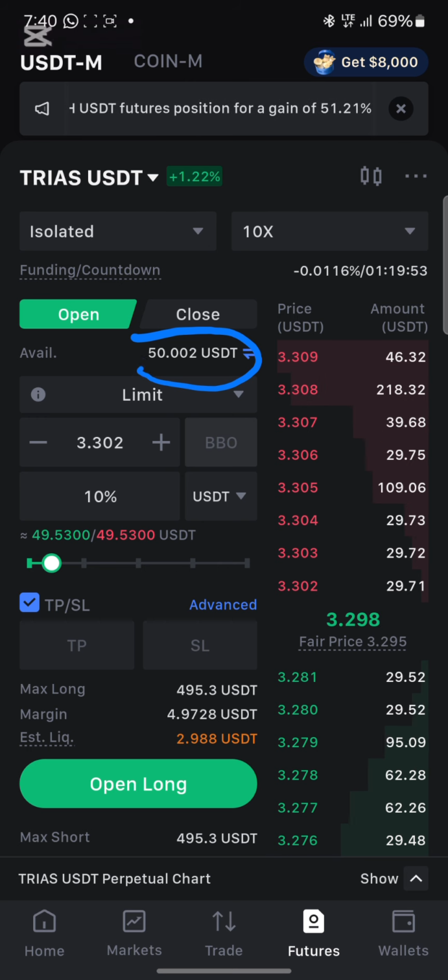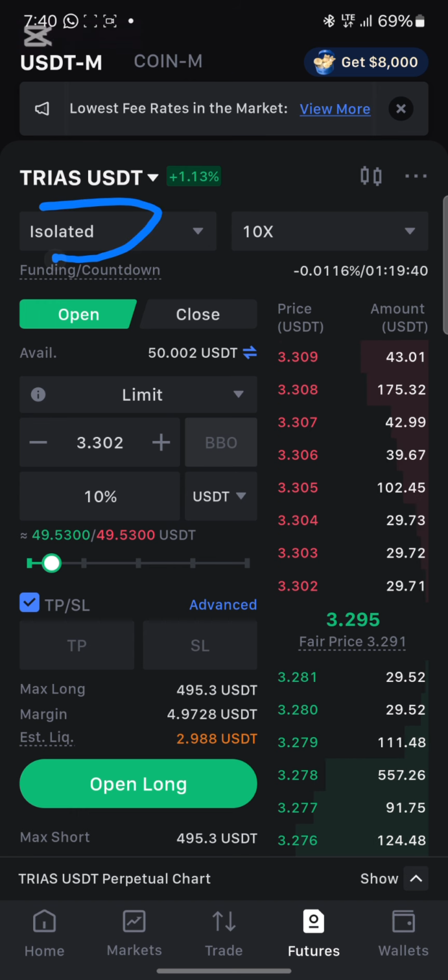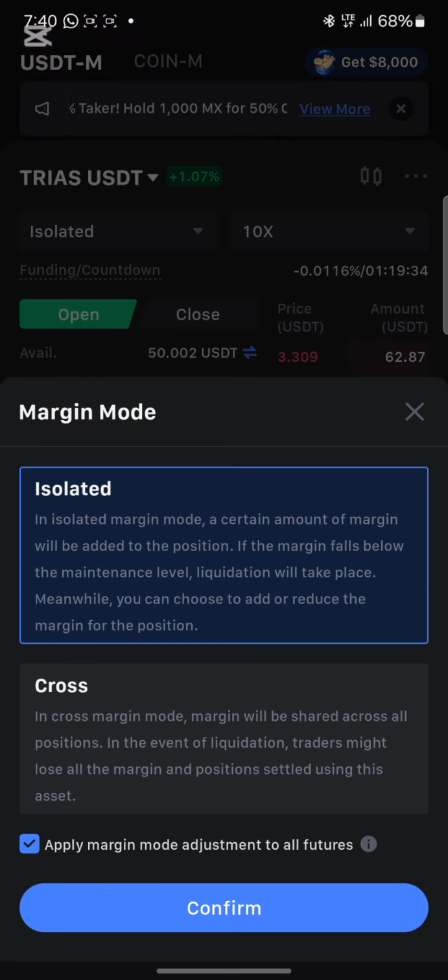So let's get started. The basic thing you need to know is what we mean by isolated margin. There are two types of margins. We have what we call isolated, and we have what is called cross margin.